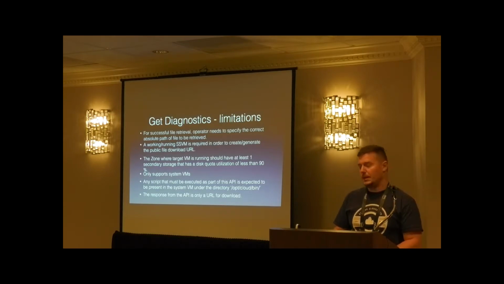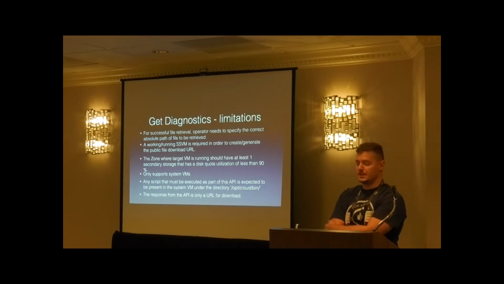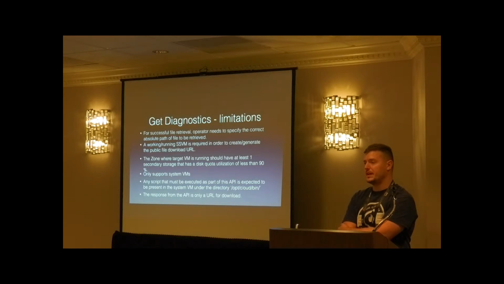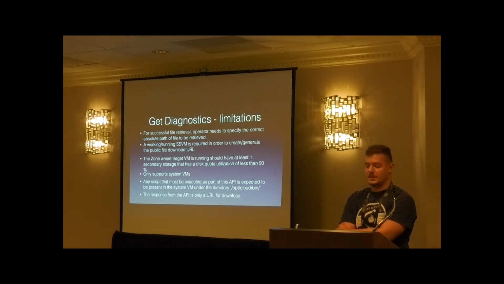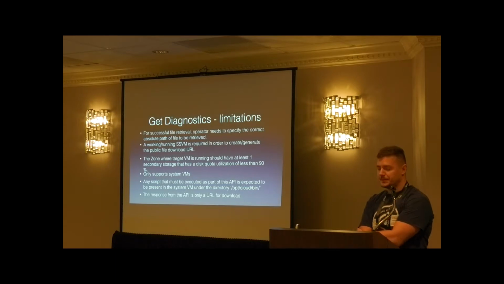You should have a secondary storage pool available, by default less than 90% occupied. This feature for now just supports system VMs. You can't use it against your user VMs. You can use it against the console proxy, the secondary storage VM, or any routers.